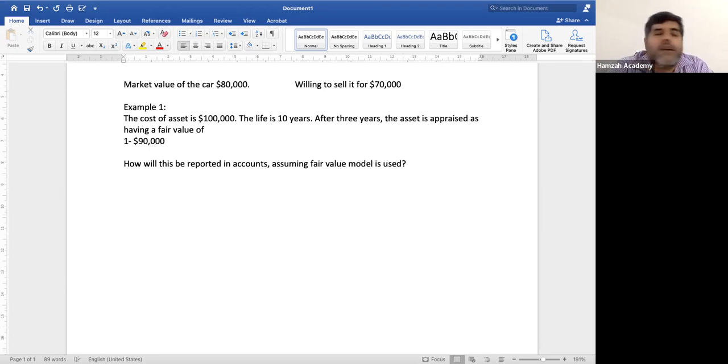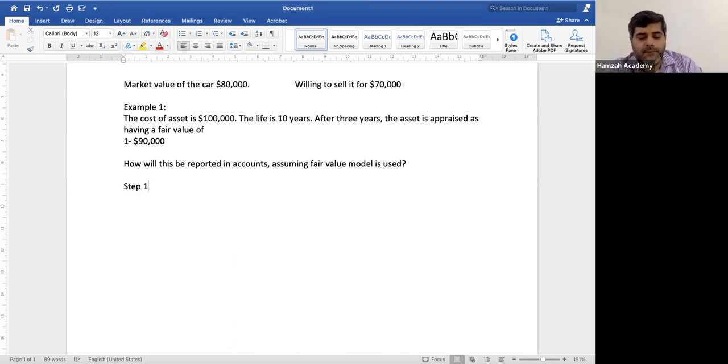Now, how to report? In order to apply the fair value model, we are going to have a very refined, a very sound approach as far as accounting for the fair value is concerned, and that is going to be a two-step approach basically.